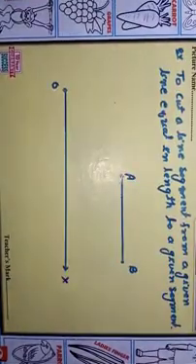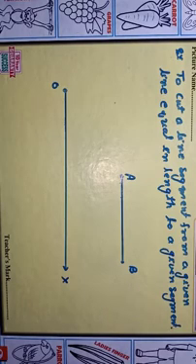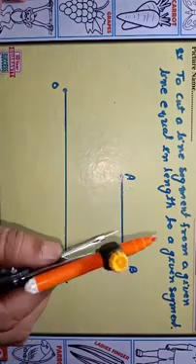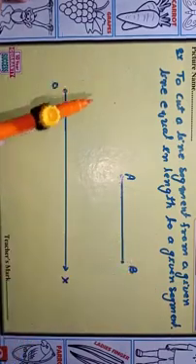Now next, to cut a line segment from a given line equal in length to a given line segment. Suppose a line segment AB is given, and we cut this line segment on line OX.